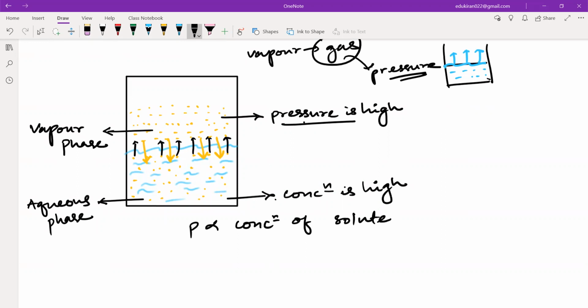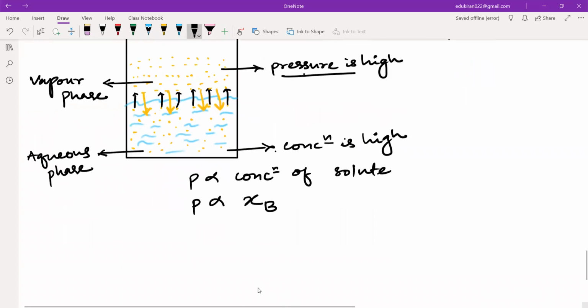After much trial and error, because concentration terms can be many, from mass percentage to mole fraction you have concentration terms only, it was found that the pressure is perfectly aligning with the mole fraction of solute, chi B. After that, you can remove the proportionality sign and write pressure is equal to some constant K. Since this whole thing was derived by Henry, this constant is named after him, KH, Henry's constant, multiplied by chi B.